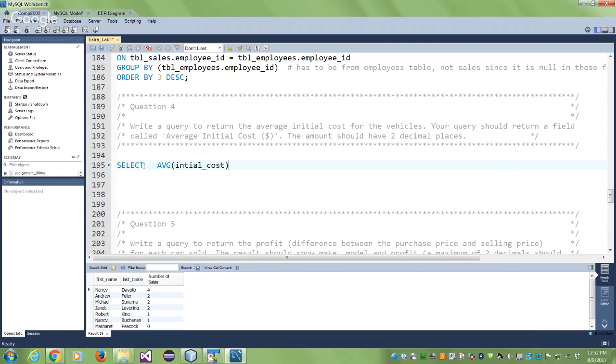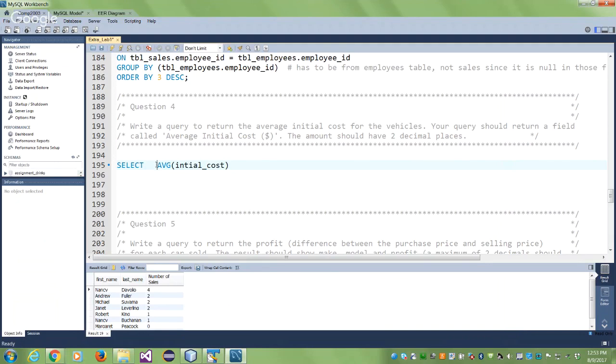Definitely, that's round. I'm not sure what cast does. Does it just truncate after 2 places, or does it round and truncate? We'd have to look up how the cast works.